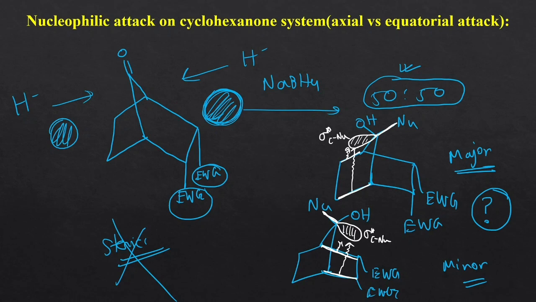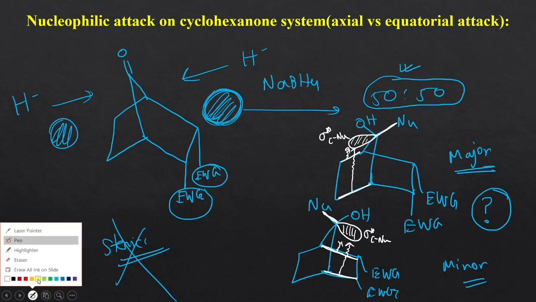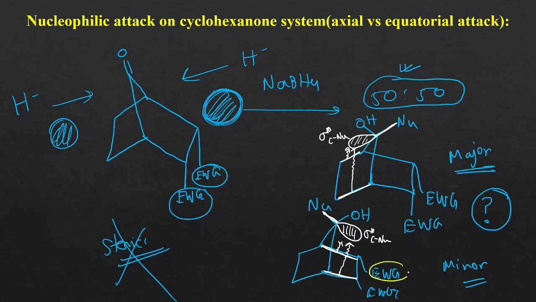Now I think some of you have already guessed what the possible logic will be, because if there is an electron withdrawing group in this position, that will eventually decrease the electron density. So the electron density in this position will be decreased, and that is why this electron donation to the sigma star is less favorable. This donation is less favorable as compared to this one.